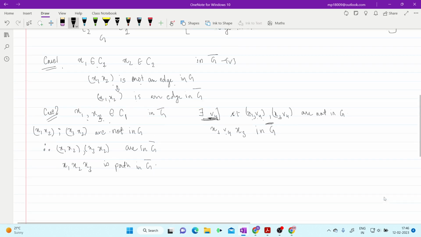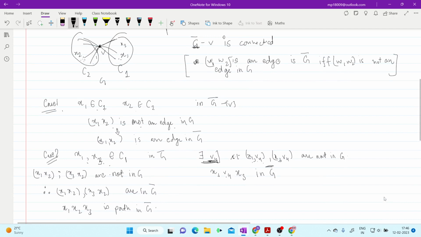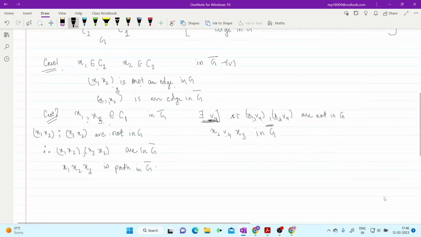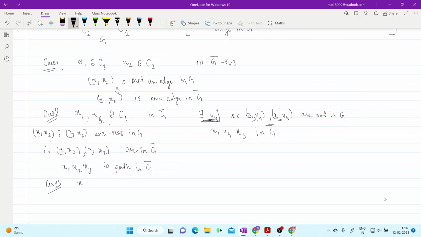So we see that if we have two vertices, one coming from C1 and one coming from C2, then we have a path between x1 and x2. If they are coming from the same component, then also we have a path between x1 and x3. And case 3 will be that x1, x3 are in C2, which will be the same as case 2.